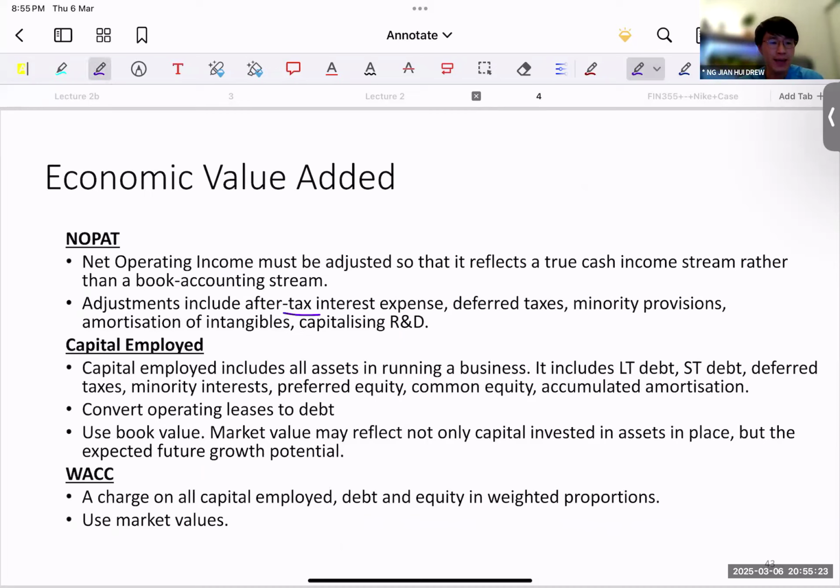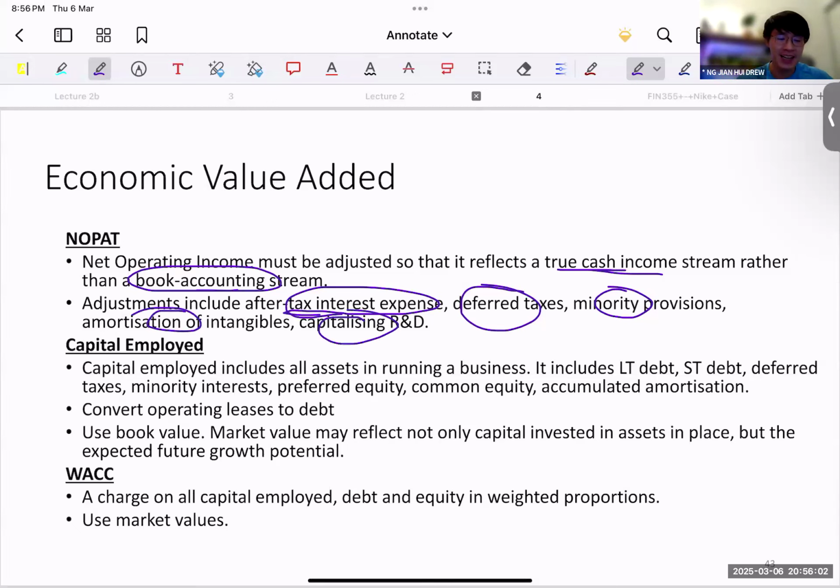But what does NOPAT mean? NOPAT is the net operating income adjusted to reflect the true cash income streams rather than just the accounting streams, because now we're in the more finance concept. So NOPAT is much more finance related, and you do adjustments. The adjustments could include interest expense, deferred tax, minority provisions, amortization of intangibles, and capitalization of R&D.